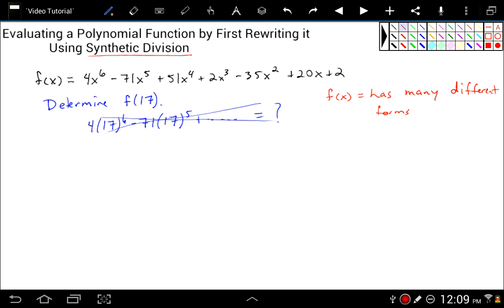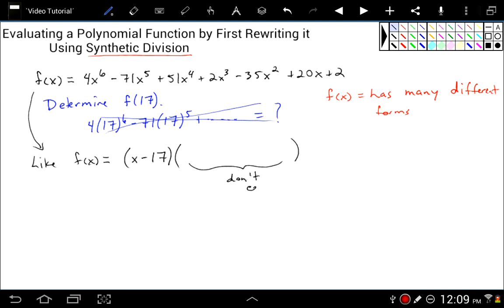So what form is this? Well, I'd like f of x to be written as x minus 17 times, I don't care honestly, plus some remainder.